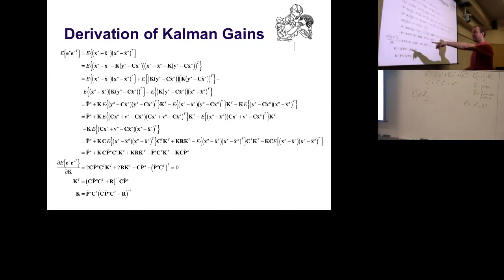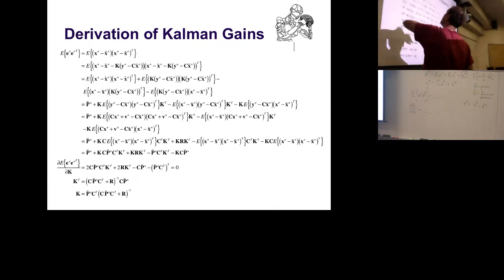And in the end, all I'm going to do is take the derivative of this criterion, which is my cost, with respect to the gain matrix K, and figure out what is the optimal gain matrix. So the gain matrix becomes my command, like in LQR. So I need something for this. And then after I have this, I can write this. And this is essentially what these two blocks are doing.